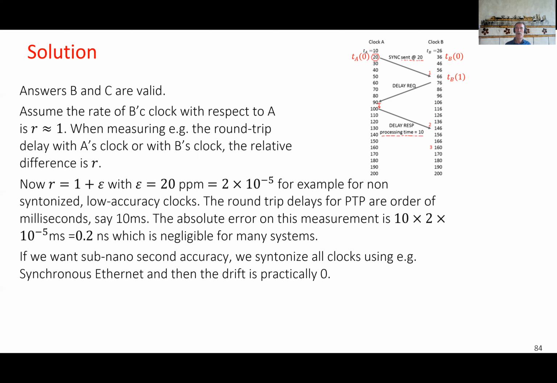So if I measure an interval of 10 milliseconds with a clock that has an accuracy of 1 ppm or 2 ppm, for example, then I have an accuracy of 0.2 nanosecond, which is negligible, is below any accuracy that we could have to acquire the signals anyhow. So when we measure short intervals, it doesn't matter. The accuracy of the clocks is good enough for everything we're doing.